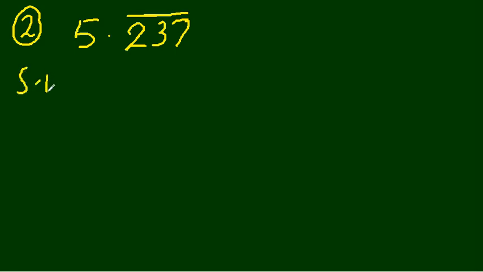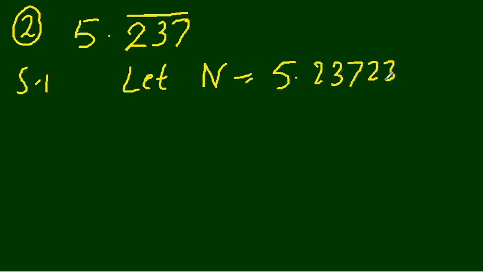Step 1, let n be 5.237237 dot. Here, what should you multiply with? There are three digits totally repeating, 2, 3 and 7.